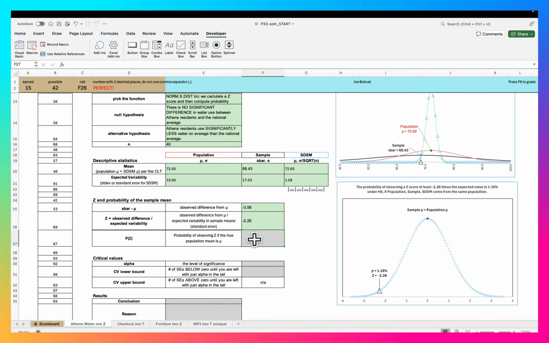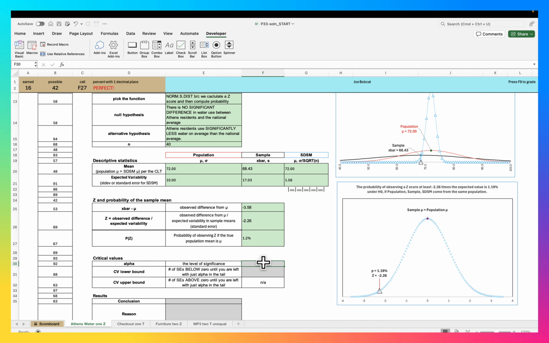The way we calculate it is we use NORM.S.DIST, the z-score, and then the word TRUE. And there's the 1.2, which is the same as 1.19, rounded.